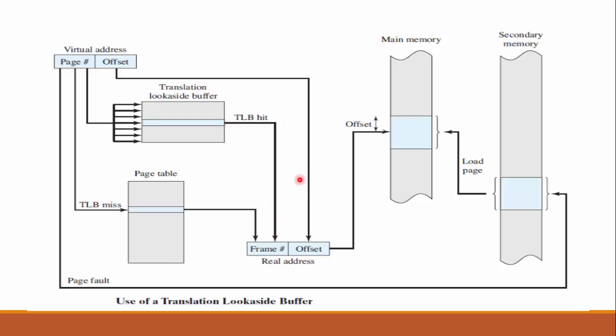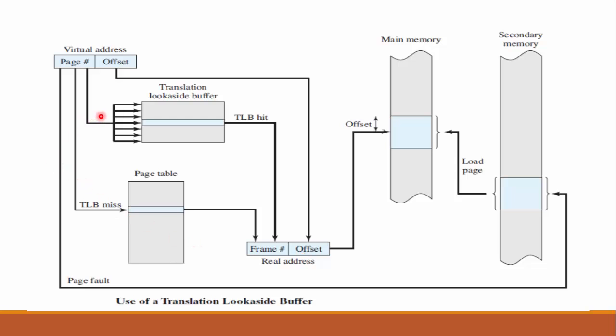When added with the offset, it generates the actual desired address, which is in the main memory. Or, if it is a miss, the entry was not found in the TLB, so it goes to the page table, gets the frame number, and again with the offset added, we get our desired address.